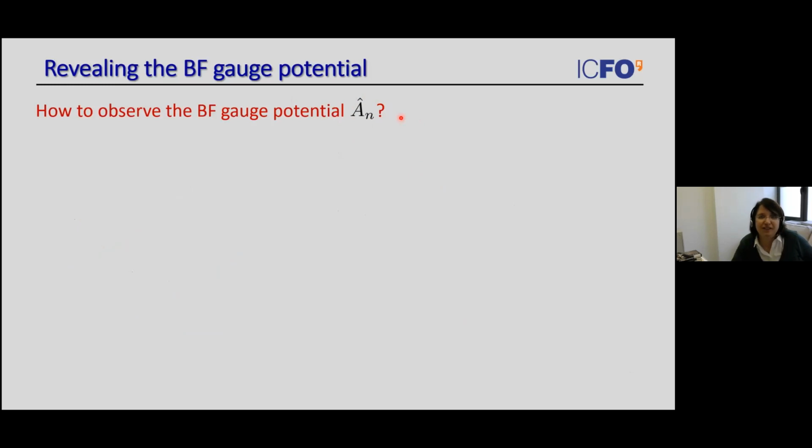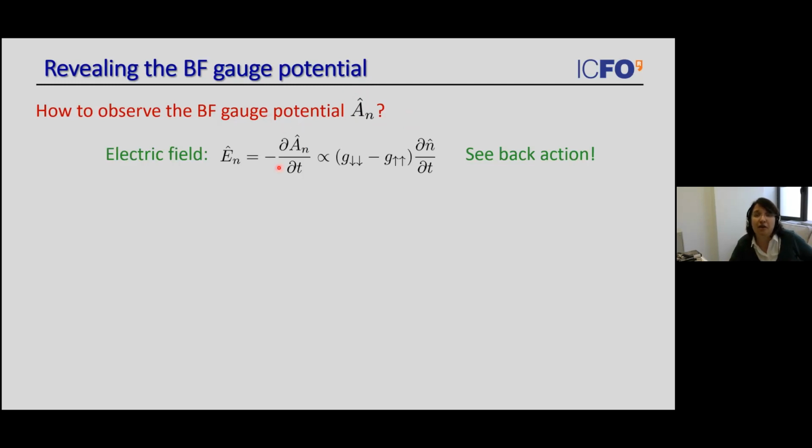And you see, this is a vector potential. So in principle, a vector potential is not something you can observe. But what you can observe are variations of it. So what we look at are time variations of this vector potential, which result in an electric field, which will be a density-dependent electric field, which, because this vector potential is proportional to density, is proportional to time variations of the density of the system.